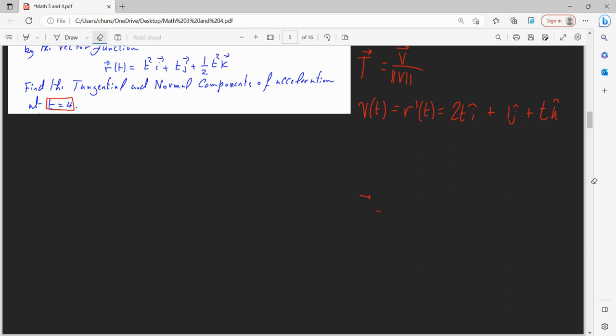So velocity, once we plugged in, is equal to 8, 1, 4. Then I would just take my speed from that. Sorry for the confusion. So then we'll do 8 squared plus 1 squared plus 4 squared, and that is equal to the square root of 64 plus 16, and that's the square root of 80.